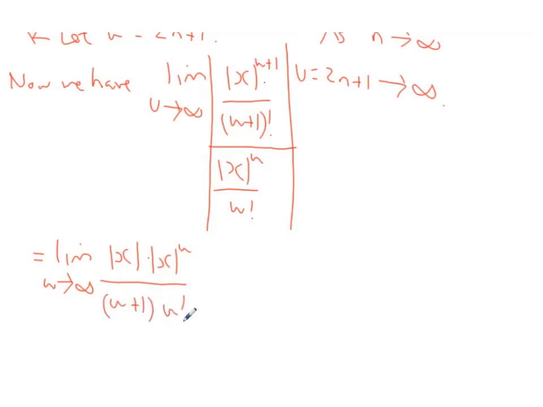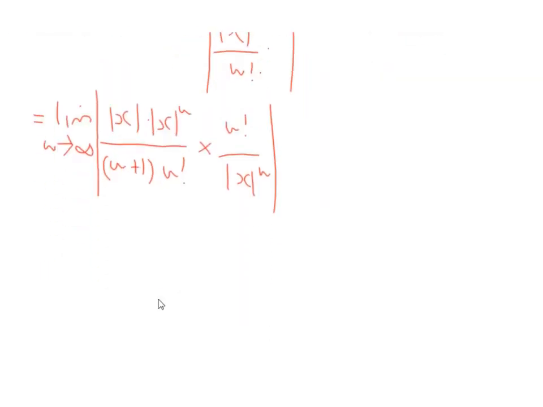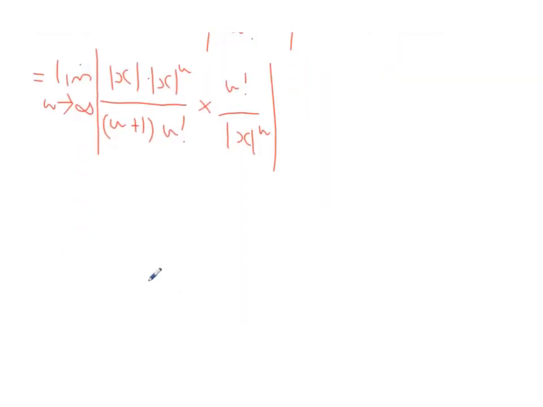Remember, if you're dividing by a fraction, you can multiply by its reciprocal. So times u factorial over the absolute value of x to the u. To be fair, we don't even need the outer absolute value, because all the x's are in absolute value signs anyway, so it's not going to be negative. Anyway, a bit of cancelling.